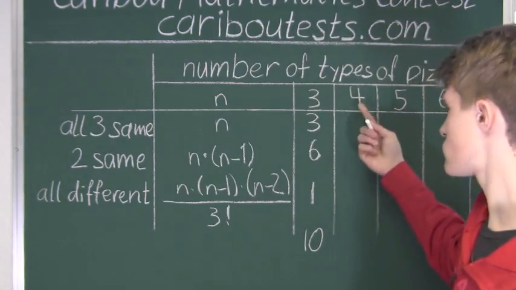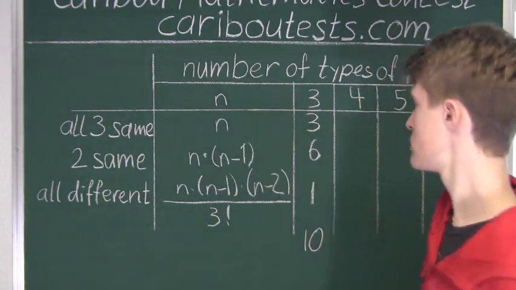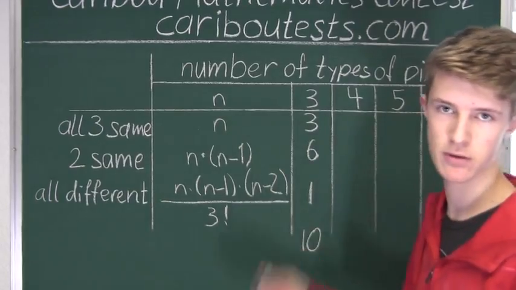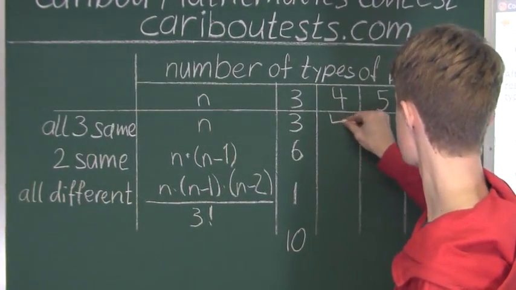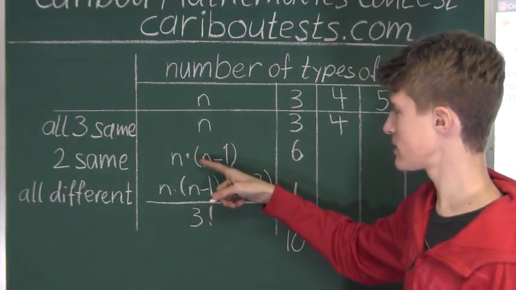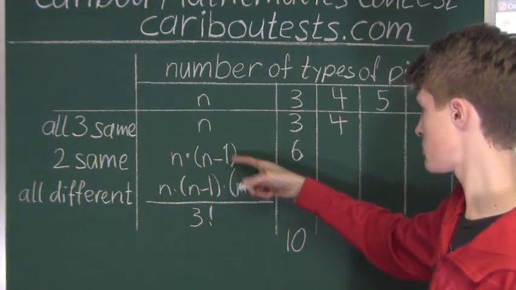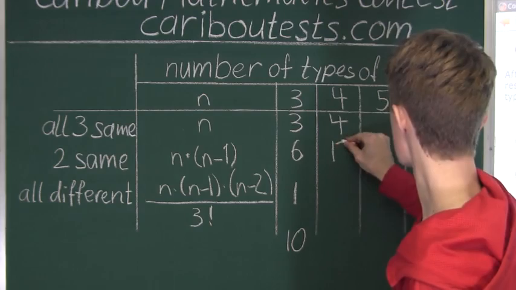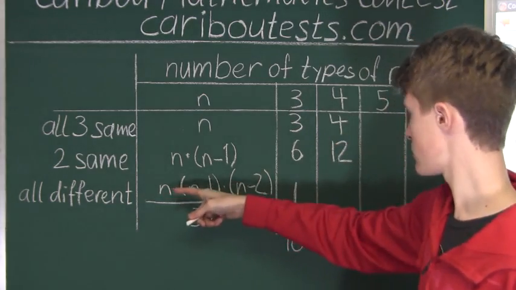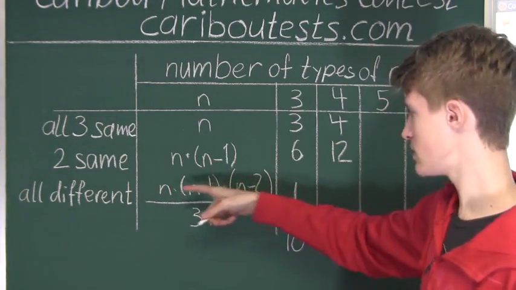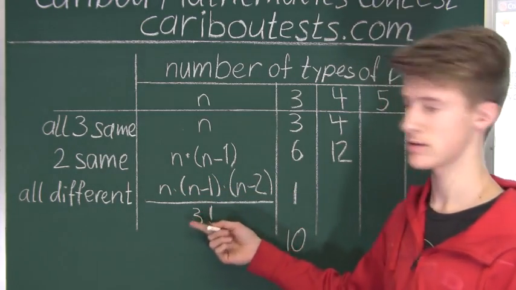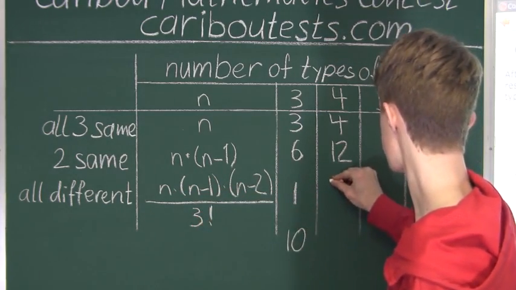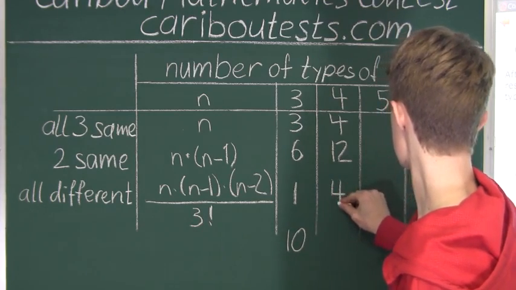Okay, now let's try putting 4 into n, just to see if it's the same or different. So n is just 4. Then 4 times 3 is 12. Then 4 times 3 times 2 is 24, divided by 6, is 4.